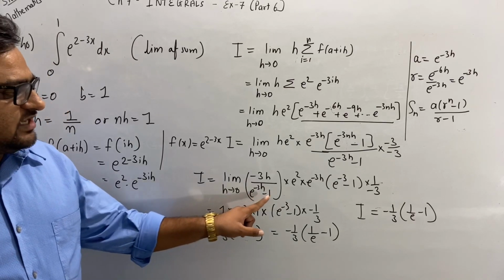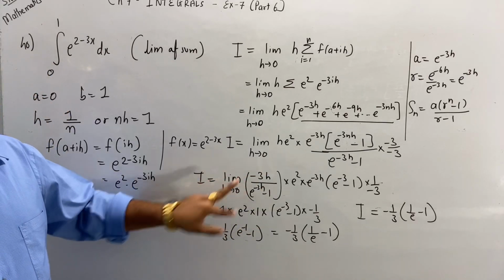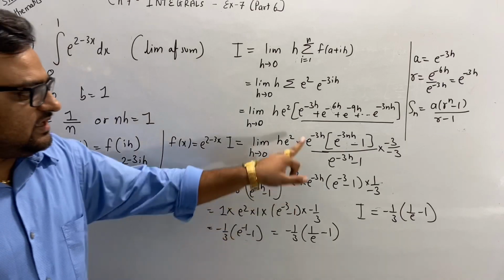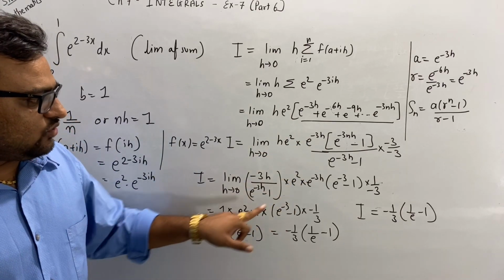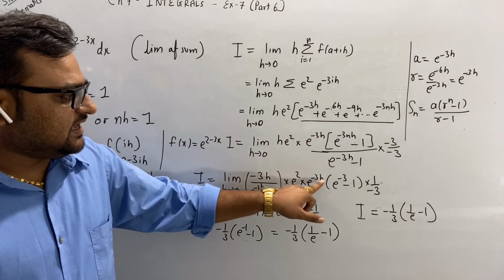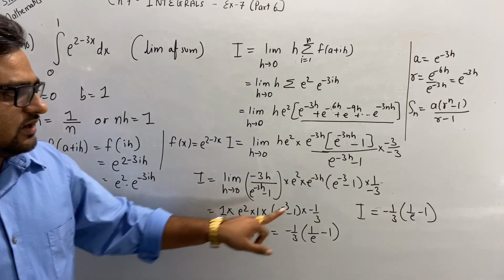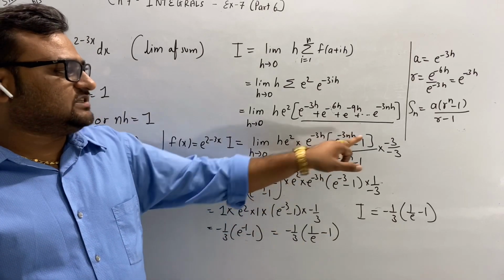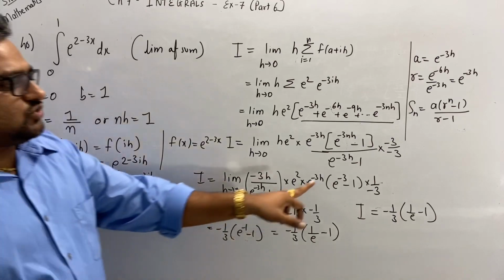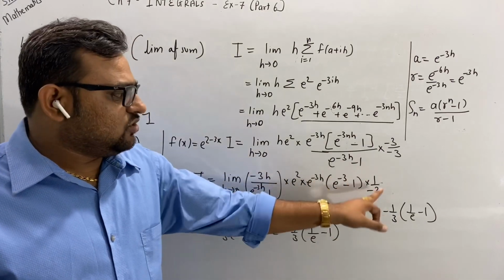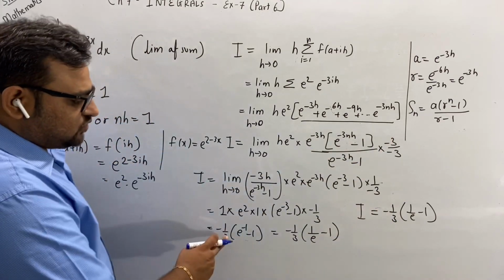So e raised to minus 3h minus 1 becomes 1. e raised to minus 3h, as h tends to 0, is 1. e raised to nh is equal to 1, so minus 3 minus 1 into 1 by minus 3.